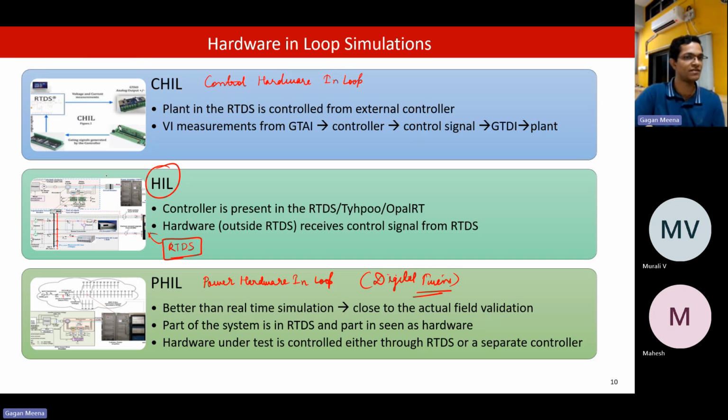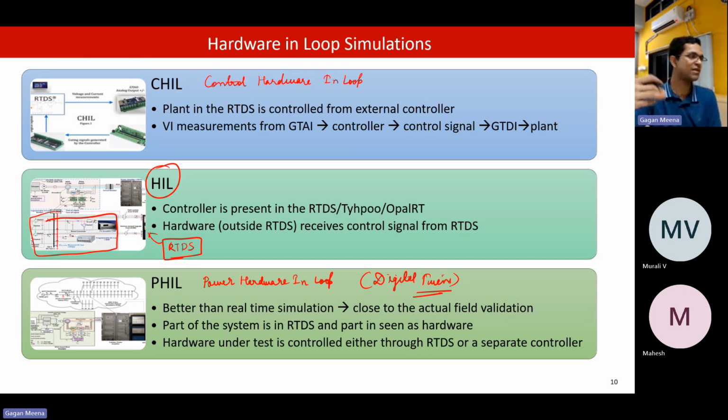Now here the system is different. Here we are trying to see whether this DC microgrid is able to perform its operation by using the actual small scale microgrid. This is the actual microgrid and we want to test the control logic, whether it is able to do equal power sharing and maintain the state of charge of the battery.